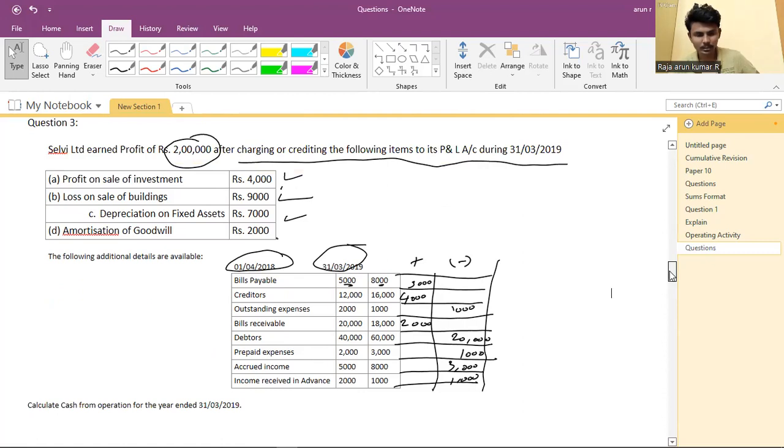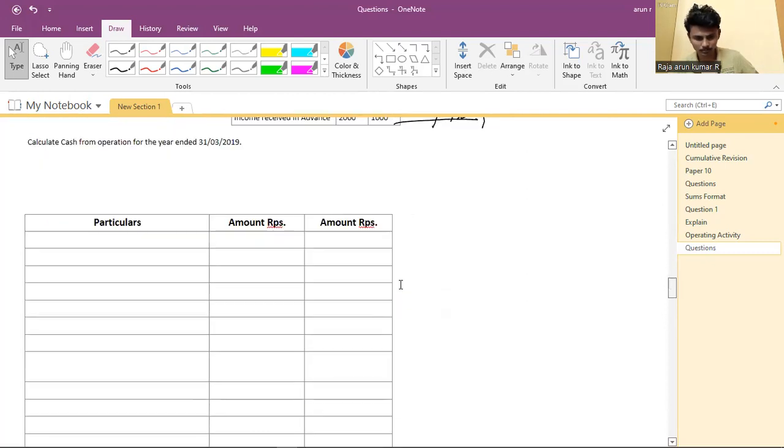First, they have given the net profit earned. We put that. We come to the solution. Net profit, they given rupees 2 lakh.